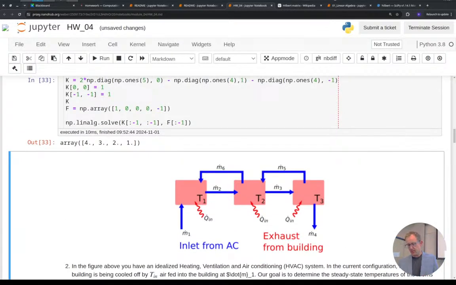And then we get 4, 3, 2, 1. The x1 moved 4 units, x3 moved 3, x2 moved 2, and then x4 moved 1 unit towards x5.